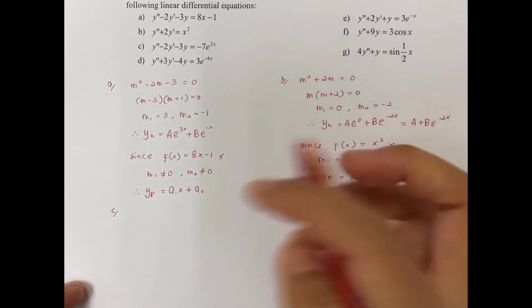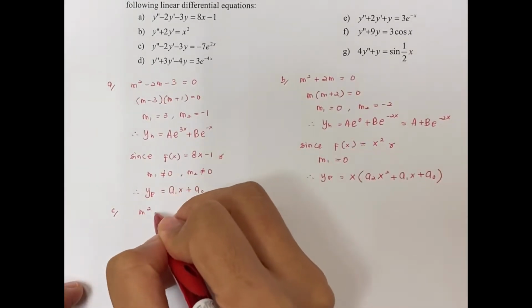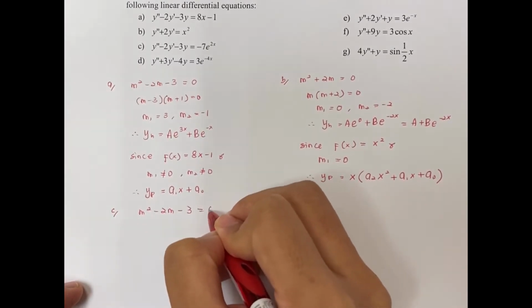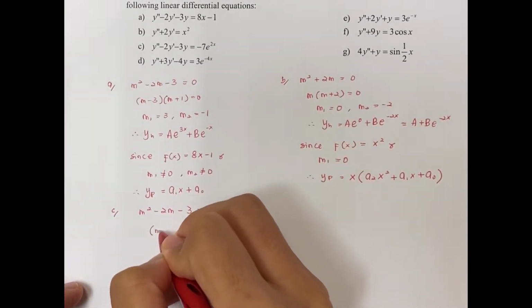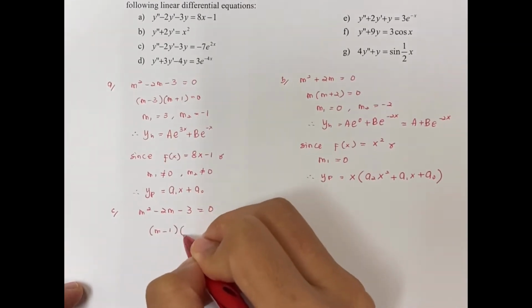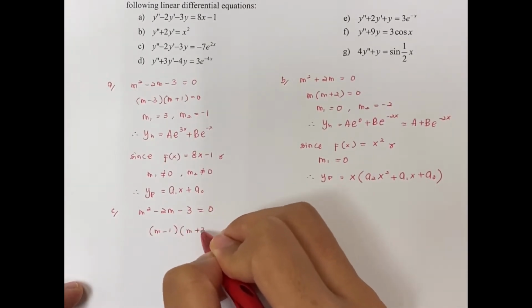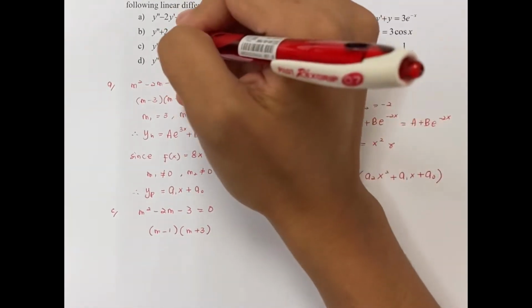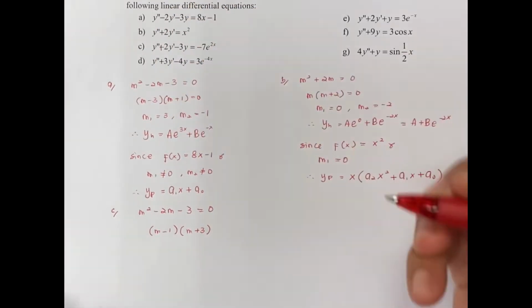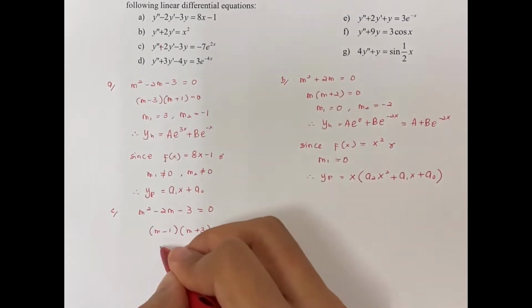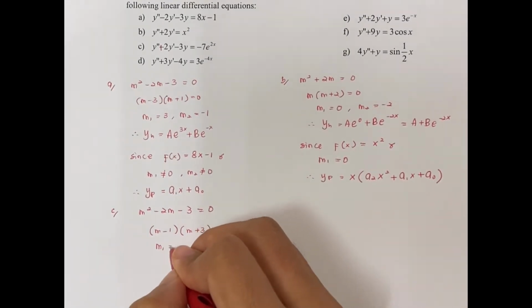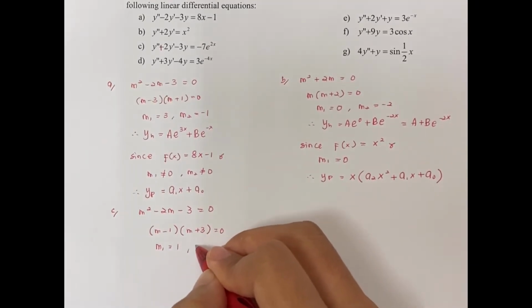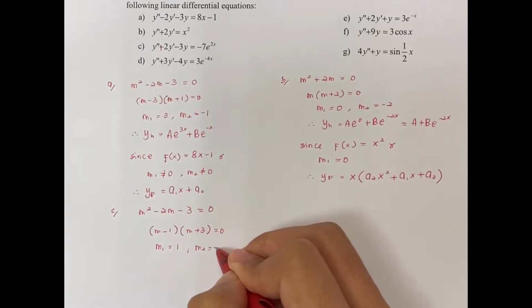For C, m squared minus 2m minus 3 equal to 0. So (m minus 3)(m plus 1) equal to 0. Your first m is equal to 1 and your second m is equal to minus 3.